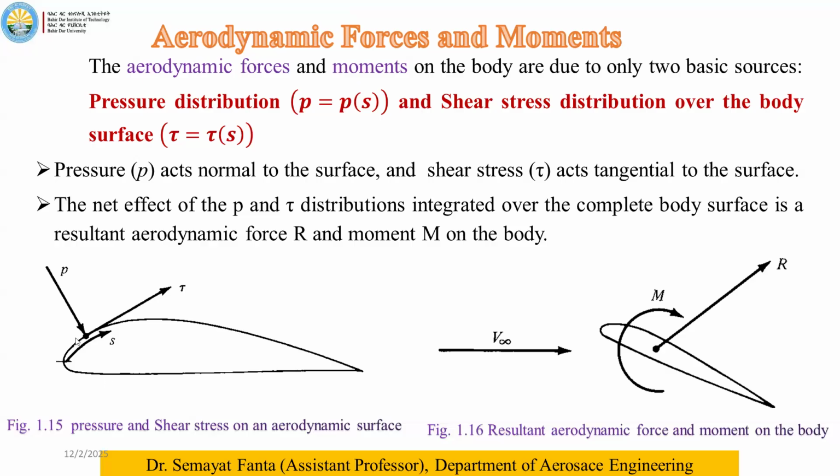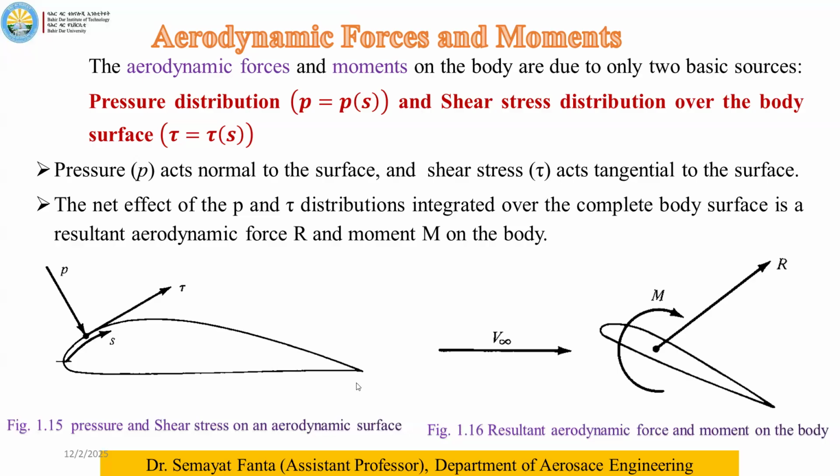So consider the surface starting from some point, let's say the stagnation point. Starting from that, we can trace the whole surface of the airfoil and find the pressure and shear at every point. Finally, summing up the top pressure and the bottom pressure, we can find the pressure difference between the top and the bottom.